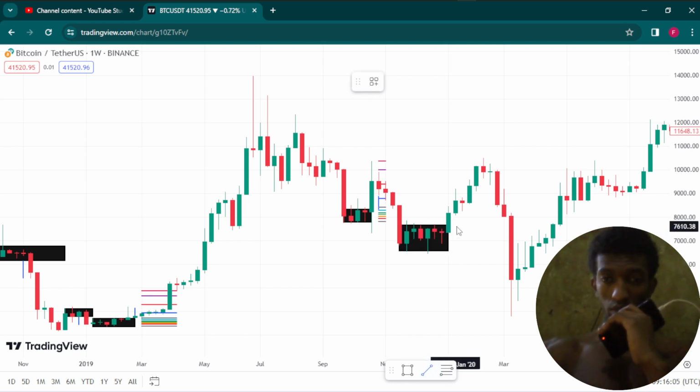You measure your TP, boom, you put it right there, exactly at this candle. You will be out. The other 30% will run to TP3, but in this case TP3 was never hit.